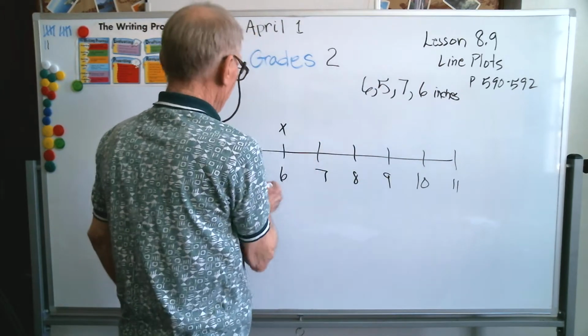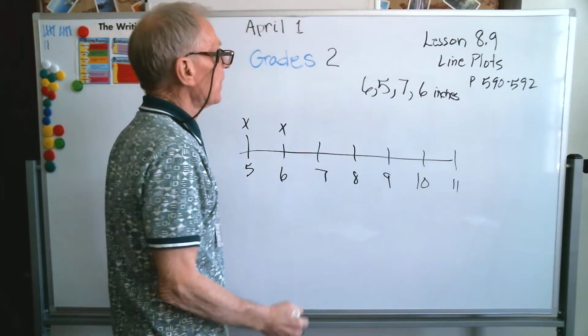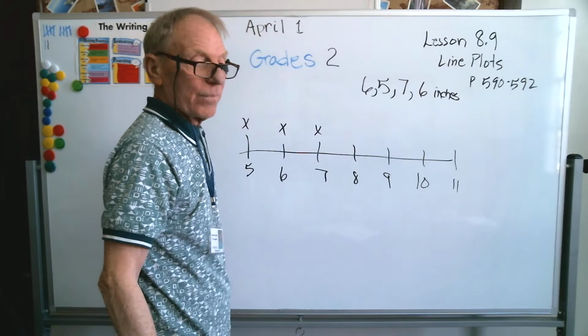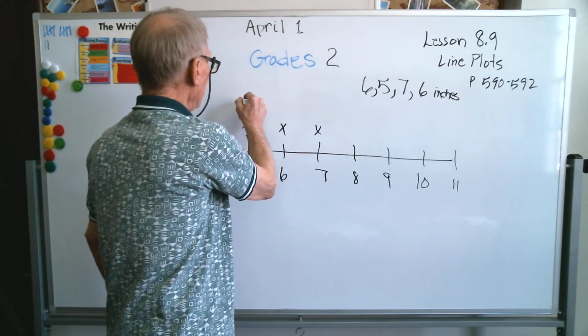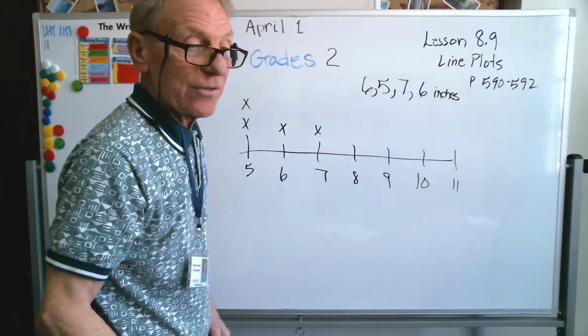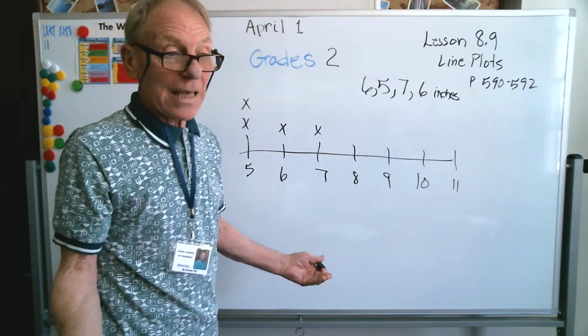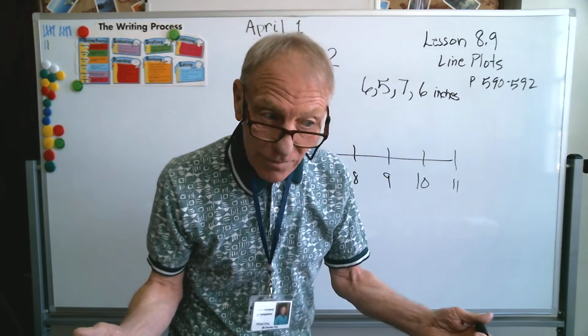The next one is a 5, so make an X above the 5. Next number is 7. Put an X above the 7, and then the last number is 6. You come back over and put an X above the 6. And that's what it looks like. See how simple this is?